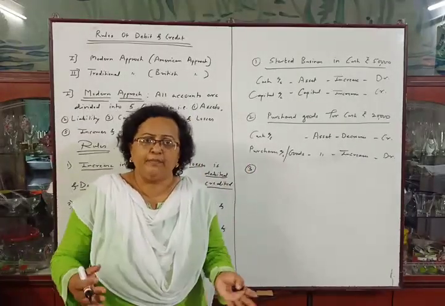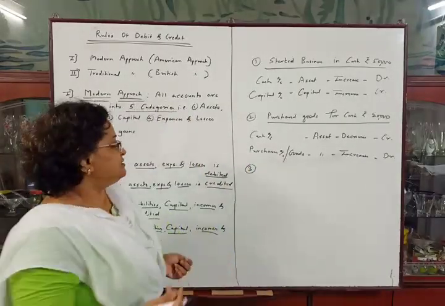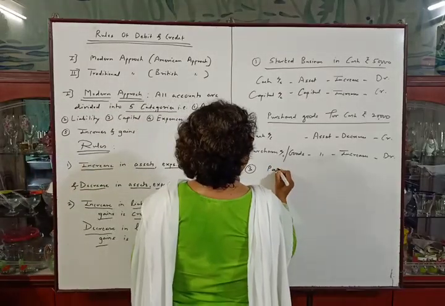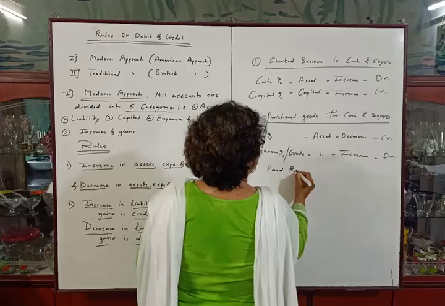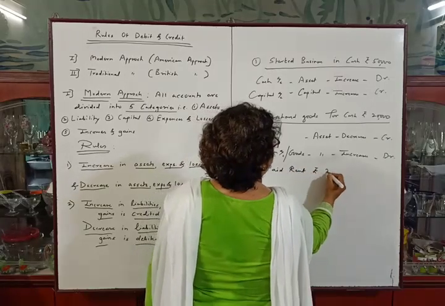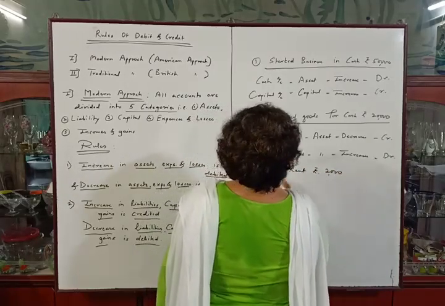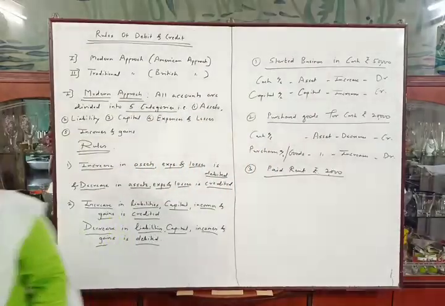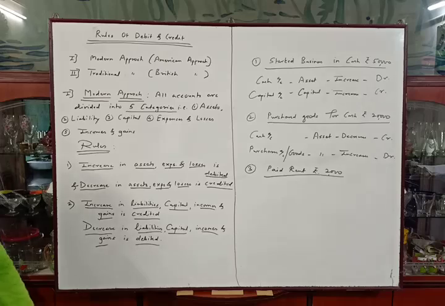We can take an example of any expense. See, paid rent rupees 2,000. This is the transaction. Think about this transaction, which accounts are involved. There are two accounts involved in this transaction.